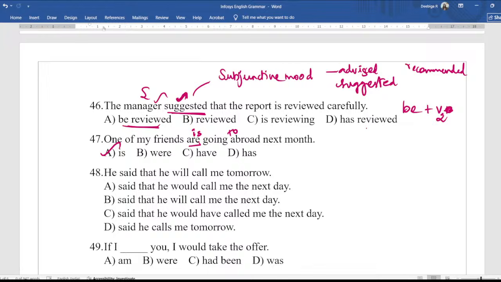I think the options are wrong, but the sentence is pretty correct because he said that he. Okay, let us think once. He said that he will call me tomorrow. Okay, this sentence is not correct, guys. I'm sorry. Let me tell you. He will call me tomorrow is correct.